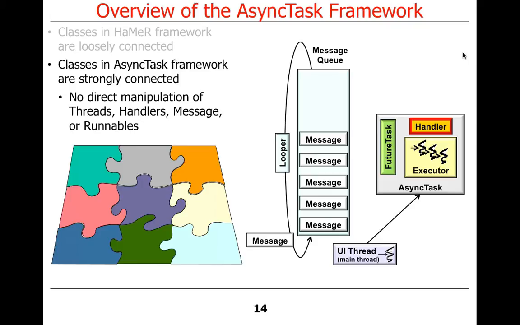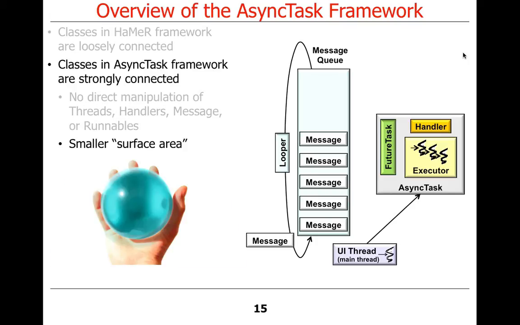So in some sense, it's a layering on top of lower layer stuff. Another thing that makes it more desirable once you understand what it does is it provides you a smaller surface area. You just have to understand the async task interface and then how to fill in the parts that are left as variants for you to selectively customize. You don't have to understand all these other classes that are sort of disconnected in some way.